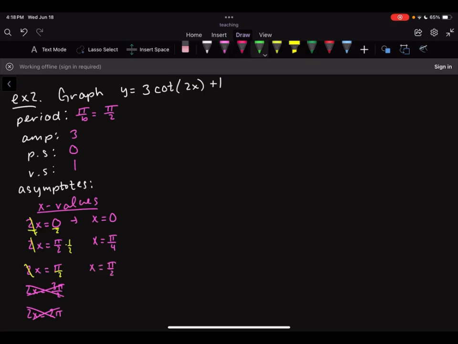Now I need to find the points in between these because I'm going to need more to graph. Remember, if I graph this as it is, I have 0, pi over 4, pi over 2. I know that the asymptotes are going to be at the first and the last one. So I did just find that, which is great.